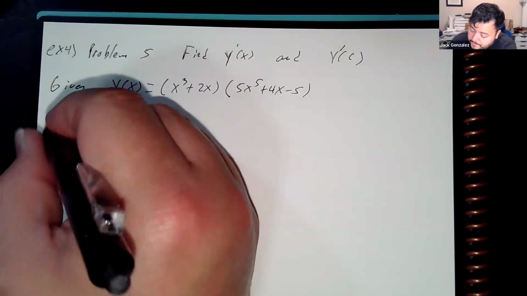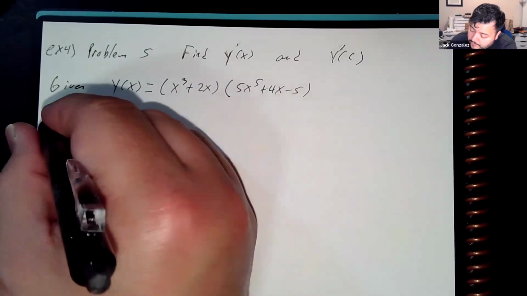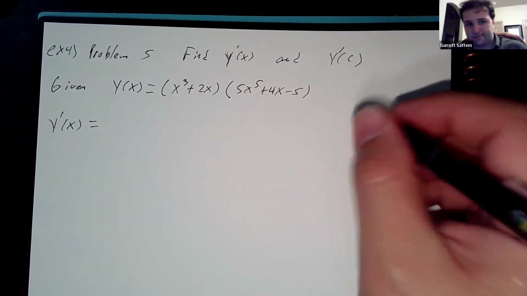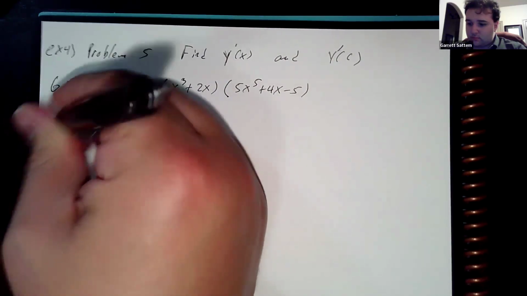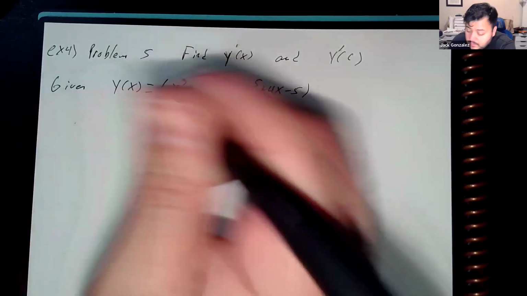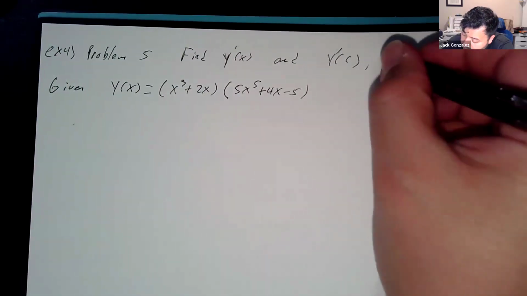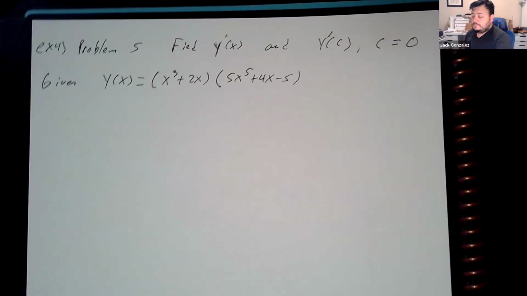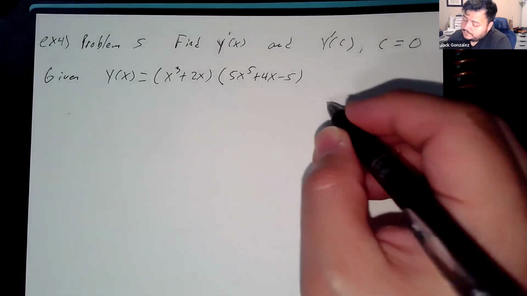So first step is do y prime. Let's make some space first. So once you find the derivative, all I want you to do is plug in c. In this case, c is equal to 0. Okay, so what should be f?